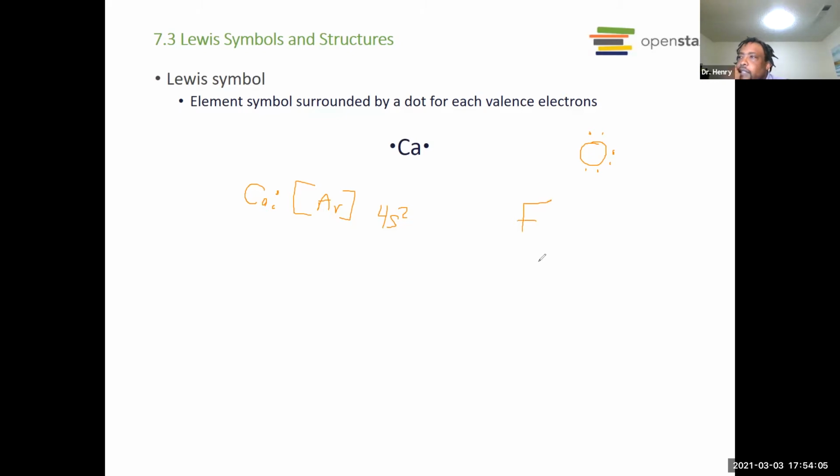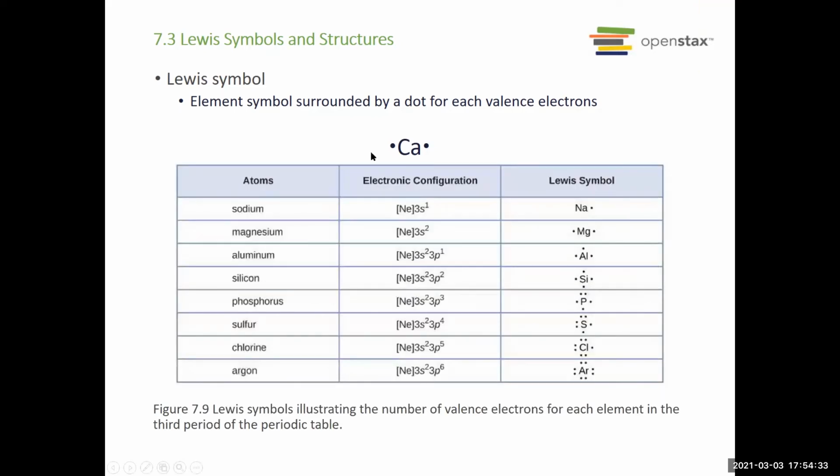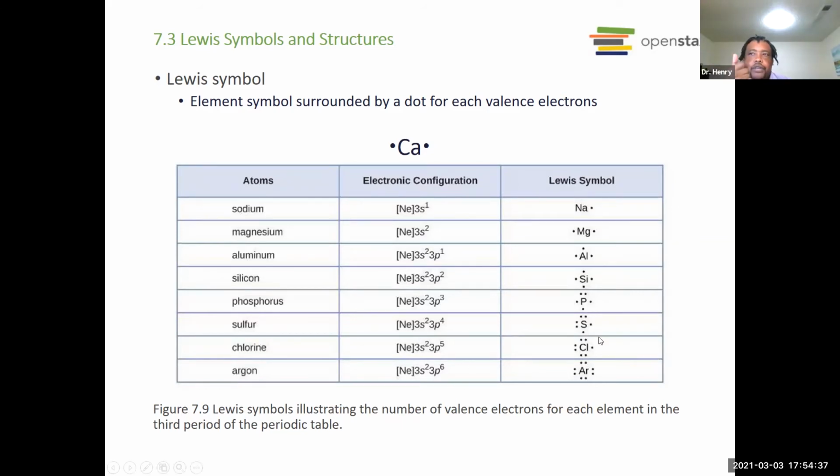Seven. 7. Okay, simple. Good. So this just basically shows you the electron configuration and the number of valence electrons each of those atoms would have.